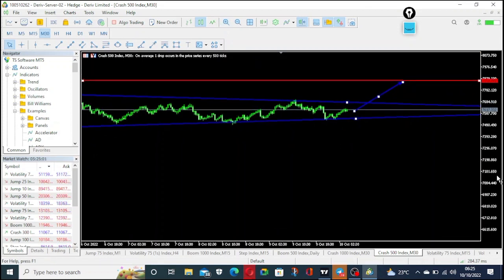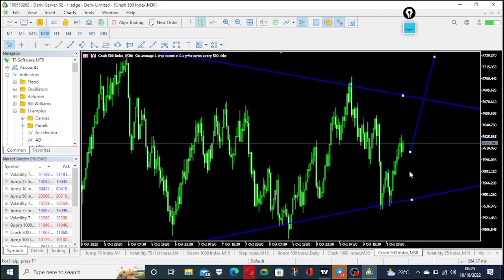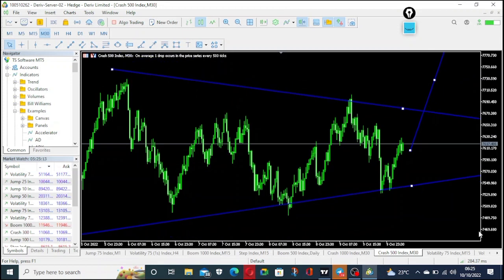So let's just hold and watch and see. Price might get here, but once it breaks this trend line here, it's going up to retest the level I just showed us. Okay, so that's it for Boom and Crash for this week. That's how price will be going, the way that I've just shown you guys.